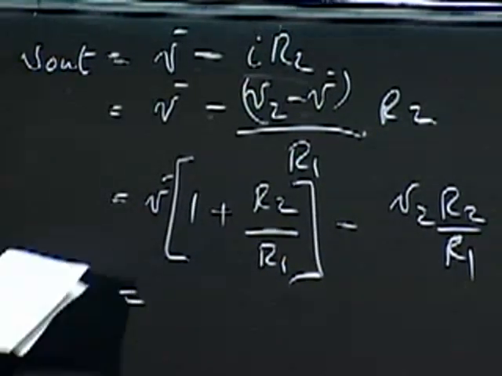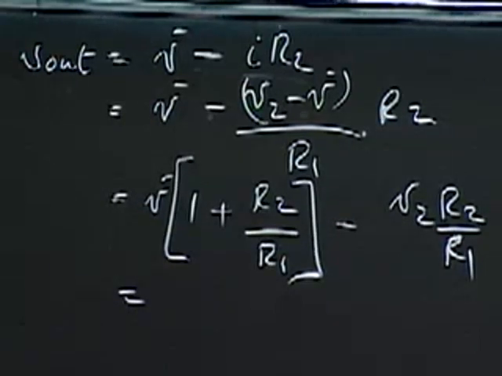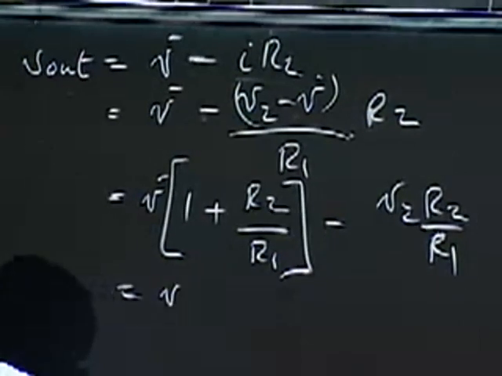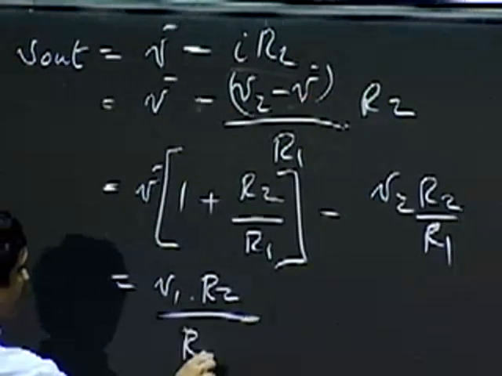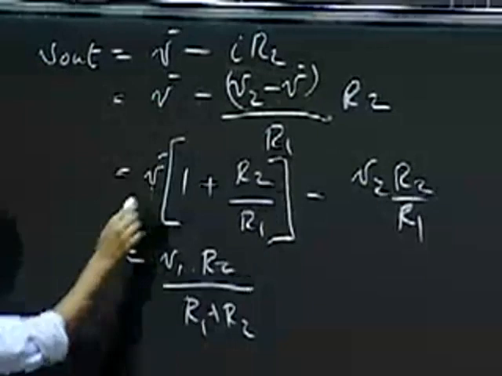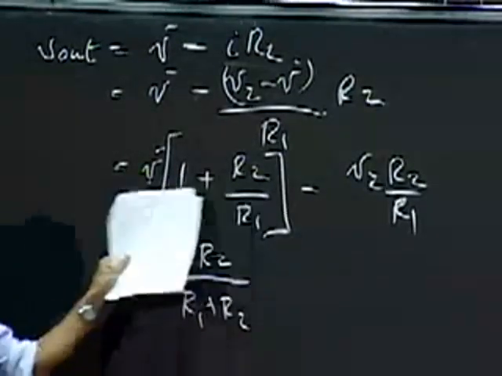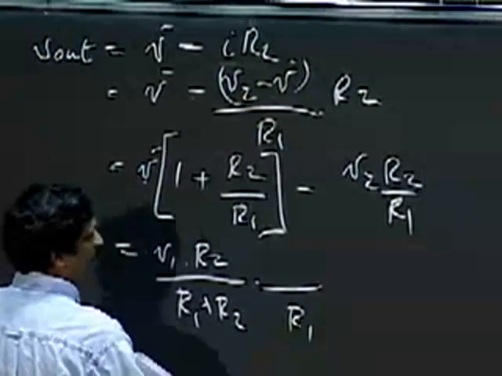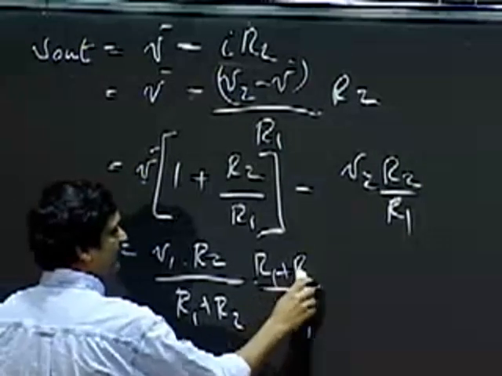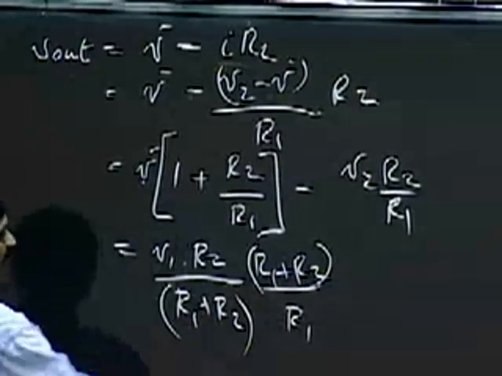Now let me go ahead and substitute for V minus, and that is simply V1 R2 divided by R1 plus R2. That's V minus. And this character here simplifies to be R1 plus R2.